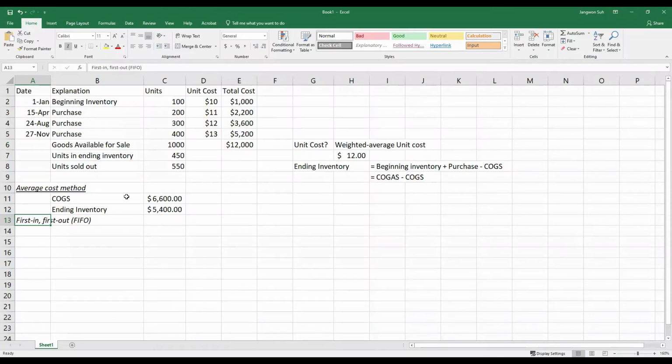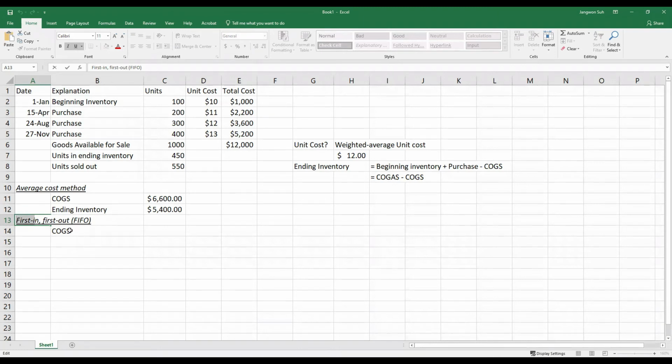On the FIFO, it is said that the cost of units sold out should be counted from the first.